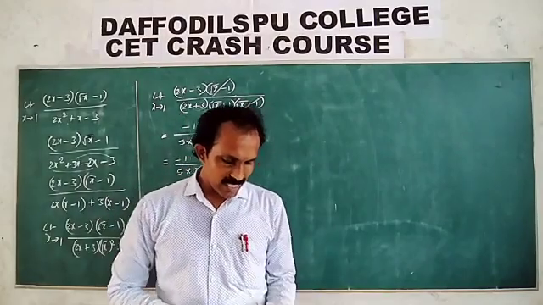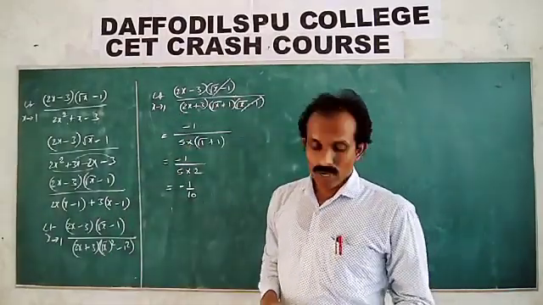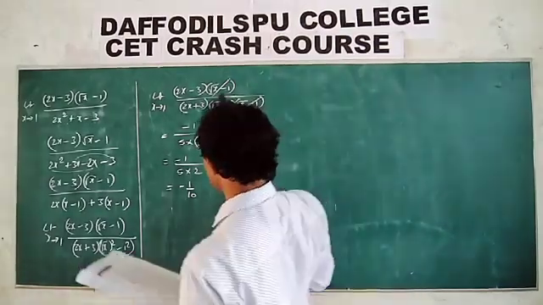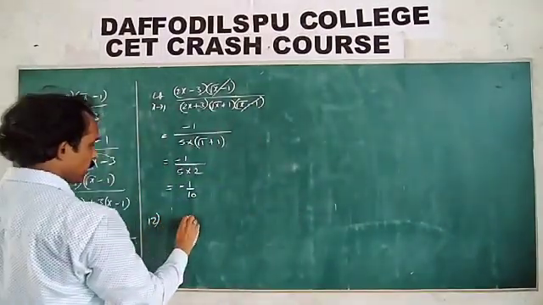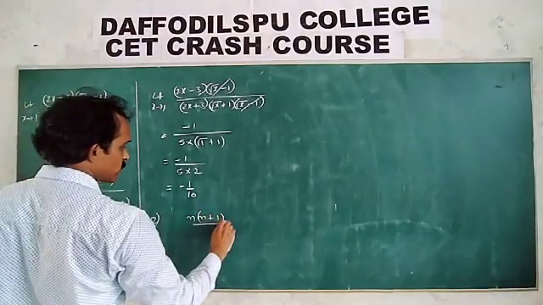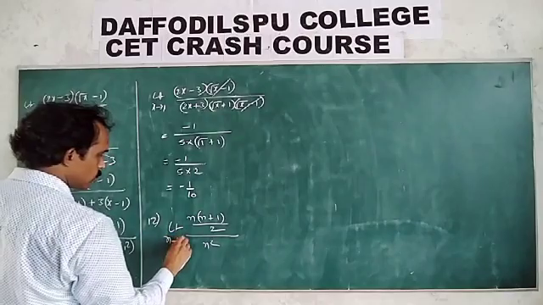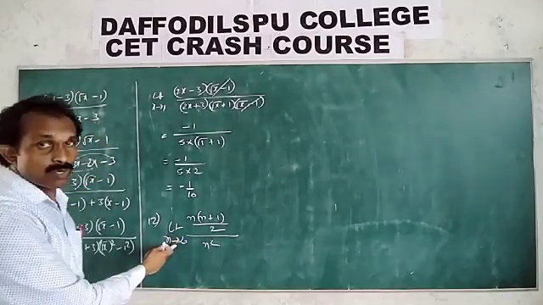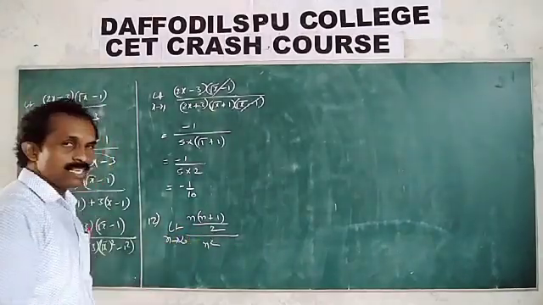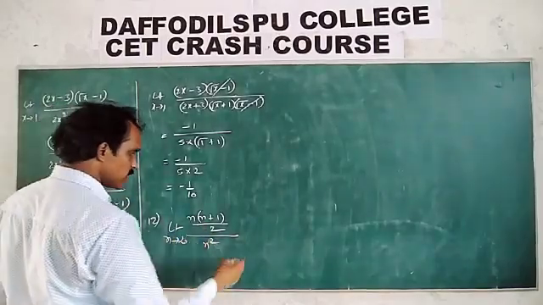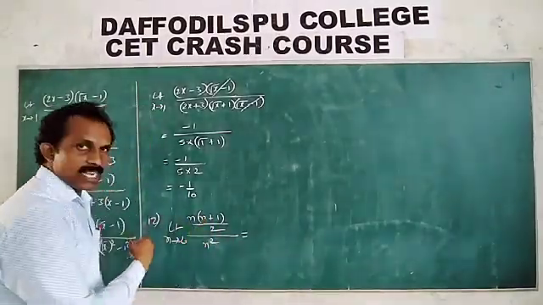Right. 12th one, we will try: 1 plus 2 plus 3 and so on plus n, the sum of the n terms, n into n plus 1 by 2, divided by n square. Limit n tends to infinity. This type of problem, n tends to infinity, it is better to cancel the highest powers of n. Here take n common.